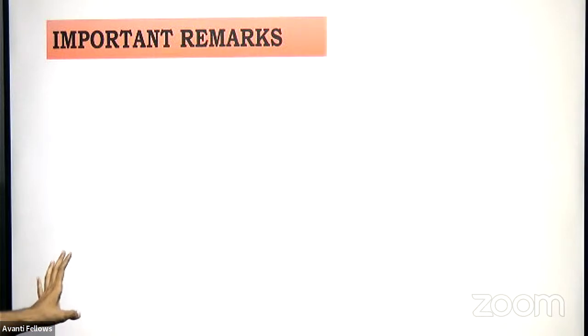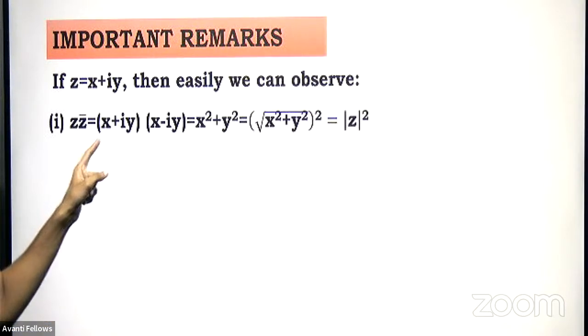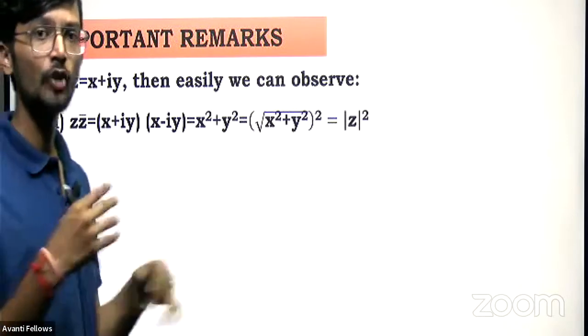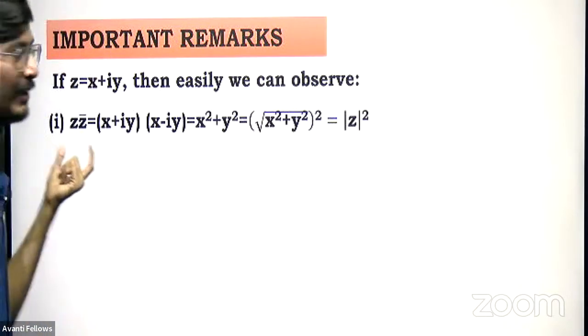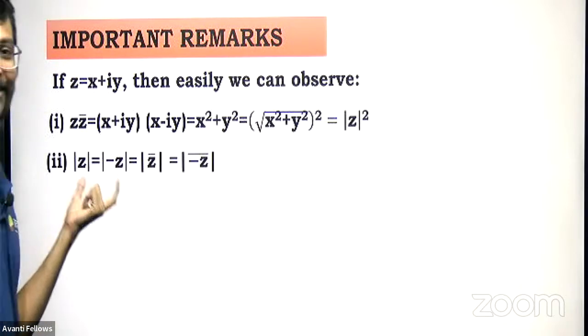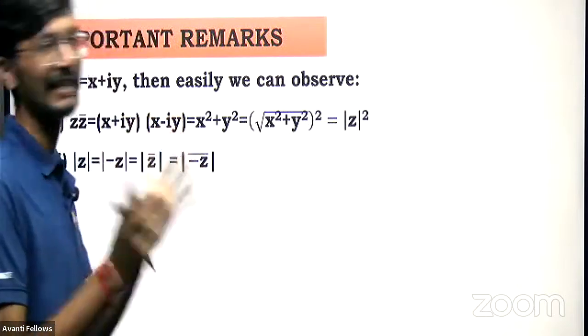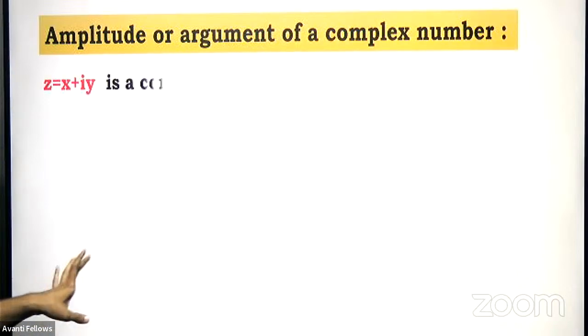Okay. Important remarks. Then we can observe z bar equals mod of z. The property I was talking about. z z bar equals mod of z square. Important property. This also we already saw. I am listing it again because these are such important properties. Let's move on to the next, amplitude or argument.